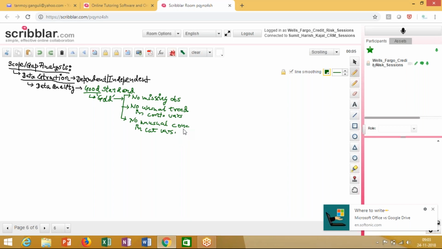So these are the three broad characteristics that a gold standard data is expected to represent, right?